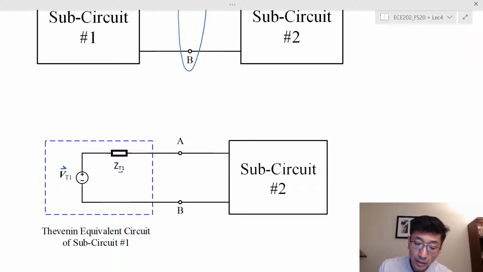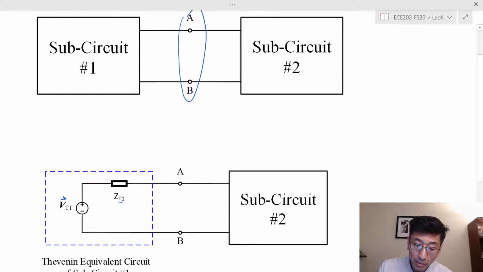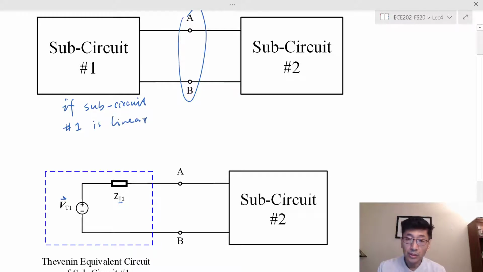And the prerequisite that you can do this is that subcircuit number 1 is linear. As long as it is linear, you can do this, which is intuitive, very understandable, right?